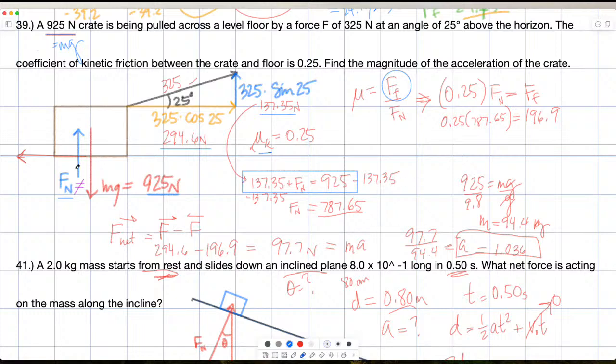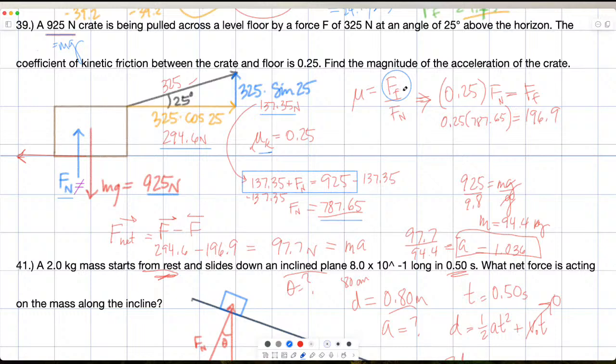So 137.35 up plus the normal force up, these two ups, equal 925, which is down. Now we subtract 137.35 from both sides. The normal force is equal to 925 minus 137.35, which is 787.65. All right, so my normal force is 787.65.